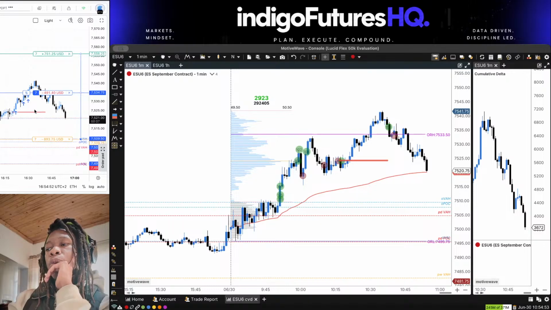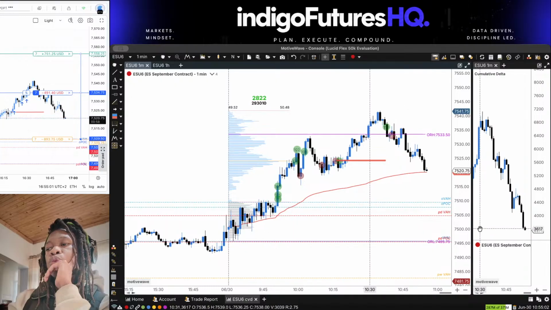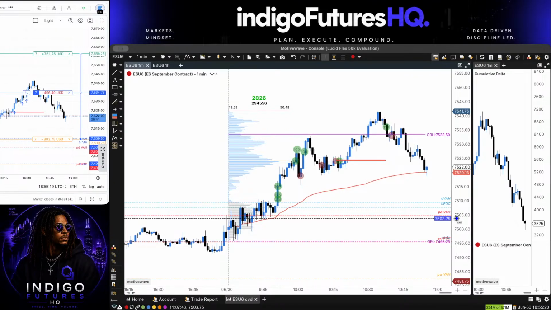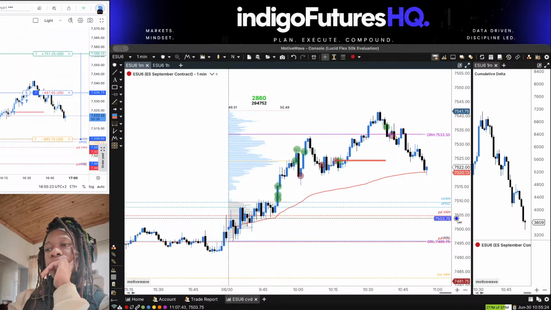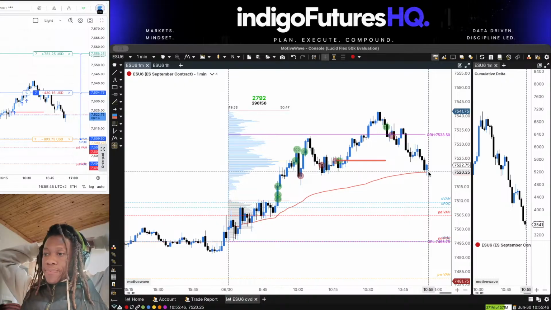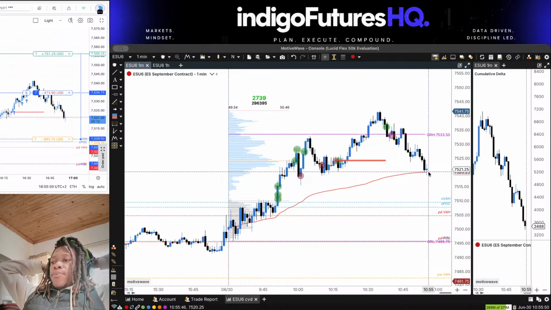Is this support off the VWAP? Oh no. Does VWAP hold or nah?